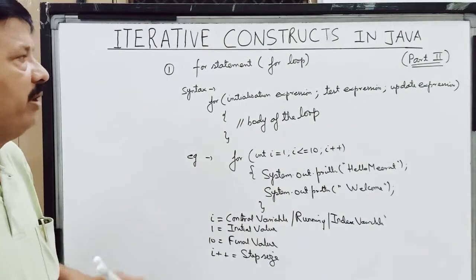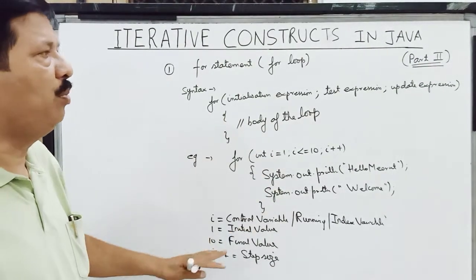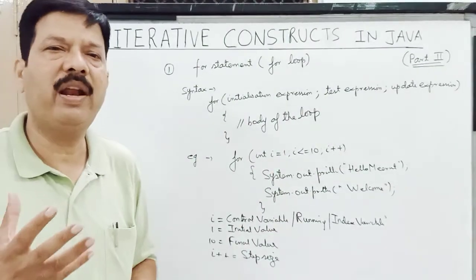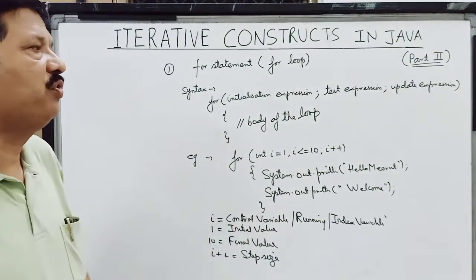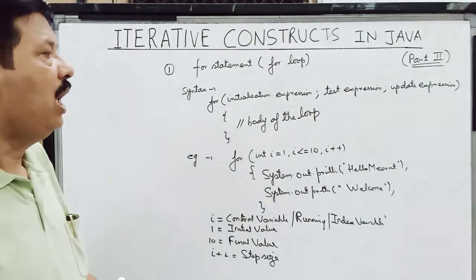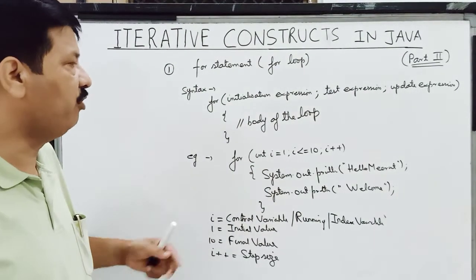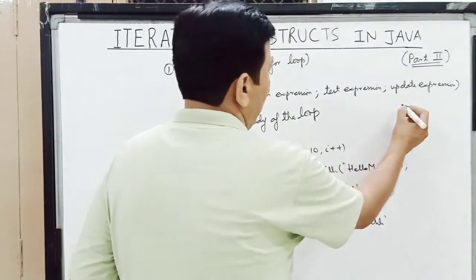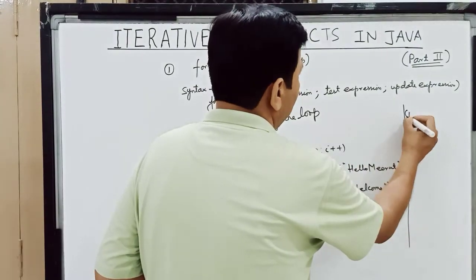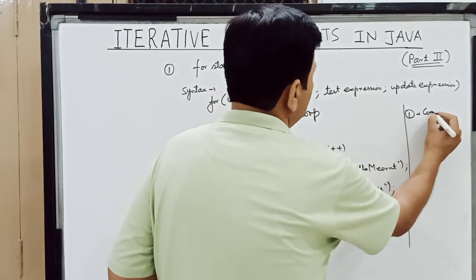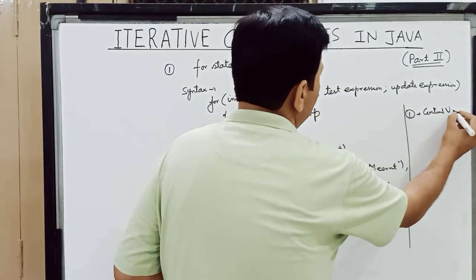Now children, while writing this particular loop, there are a few important things which we have to follow, and these are first for the control variable. So I am talking about the control variable. The first point is regarding the control variable.